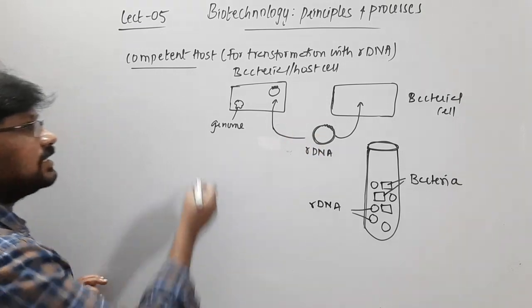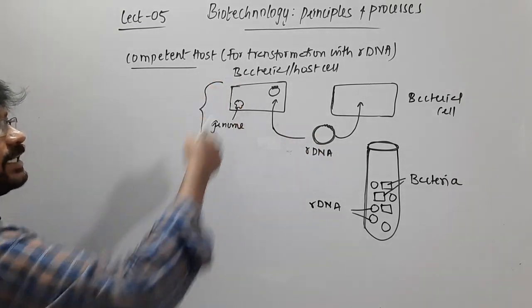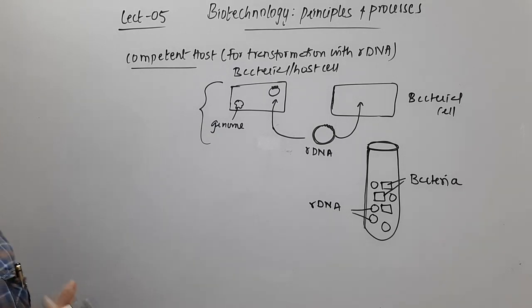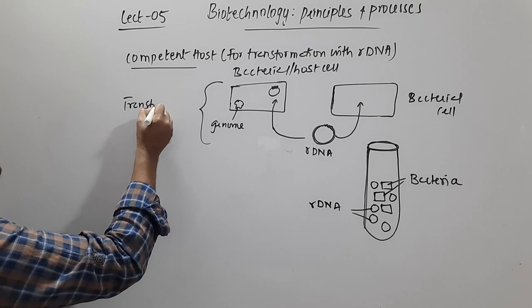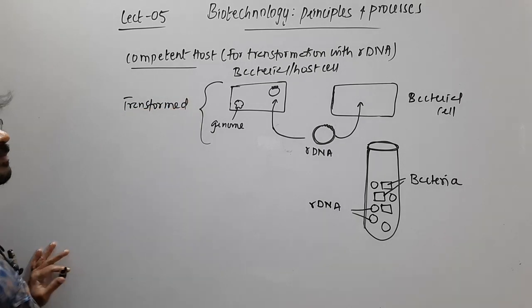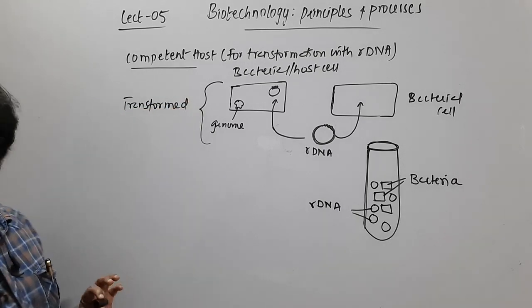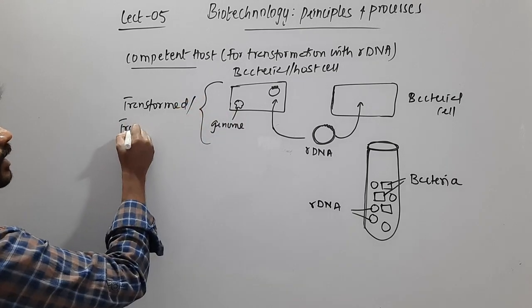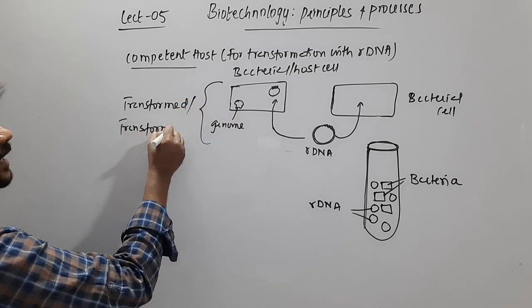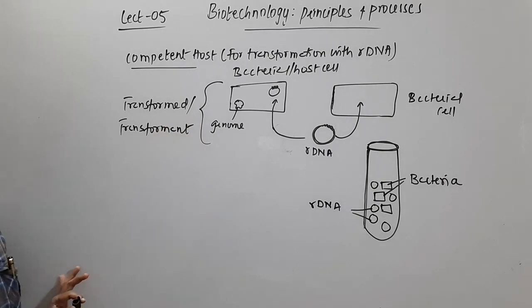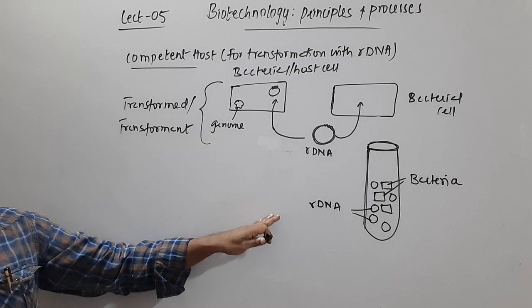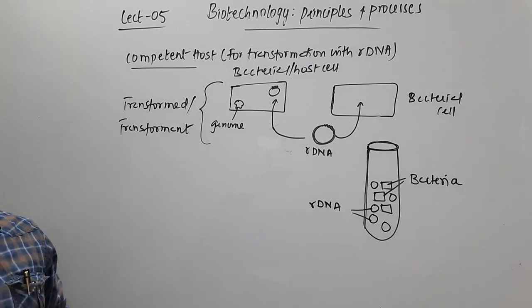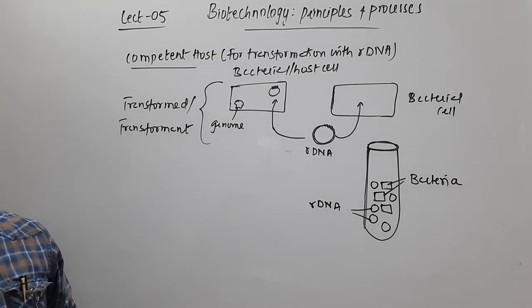If it is the case, then this bacteria or any other host cell, it can be a plant or animal cell, is said to be transformed. It is said to be transformed, or I can say transformant. So it is the transformed host cell. If it doesn't take it, then it is a non-transformant.